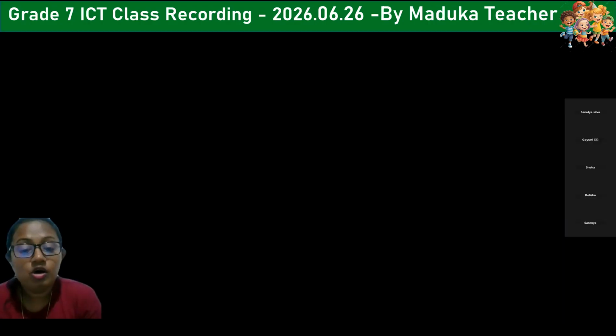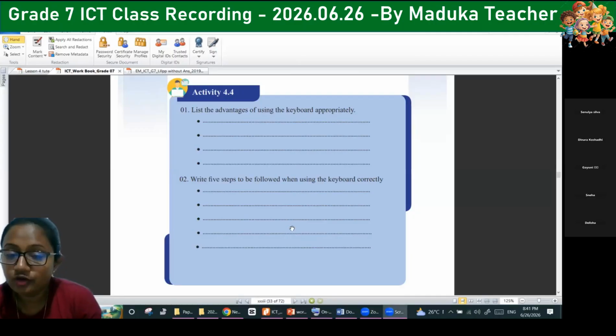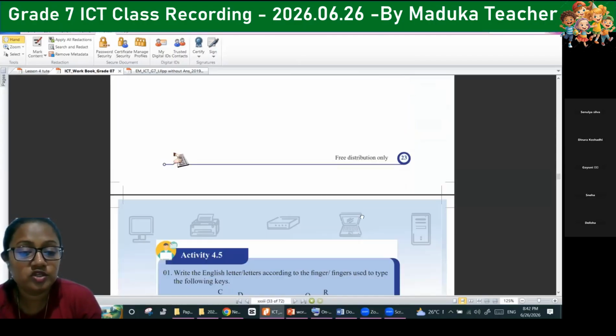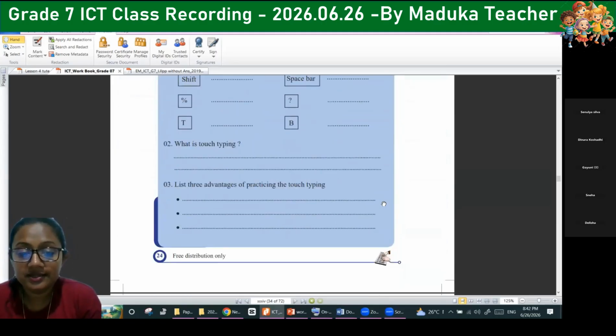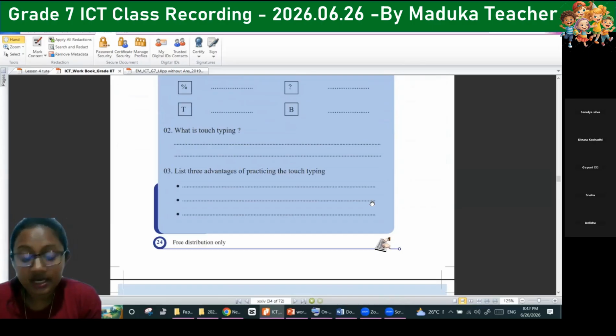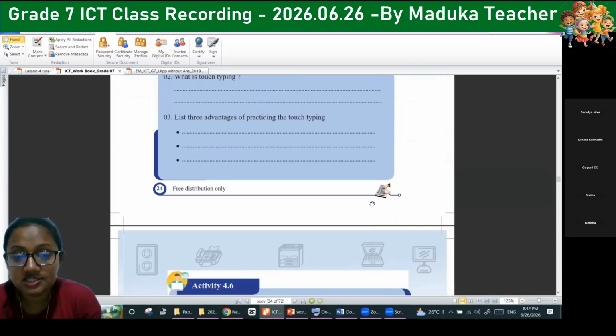After that, homework for next week: activity 4.4. There are two questions. You have to do both questions. Then go to activity 4.5. You have to complete the whole activity. There are 3 questions. Do all 3 questions.